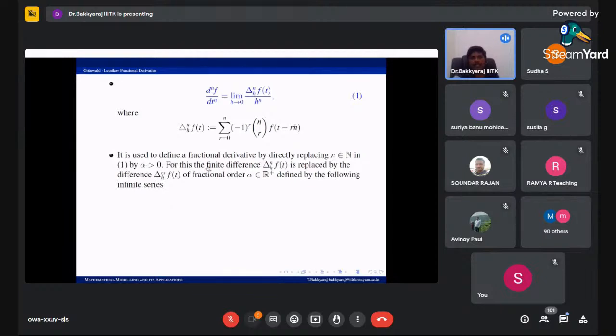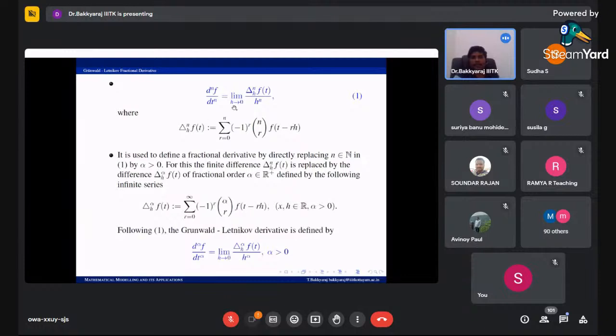In that case, this finite sum will become an infinite sum, because this n choose r for a positive real number is non-zero. Therefore you will end up with an infinite series. For n choose r, if r is greater than n, then it becomes 0, because it's a finite sum.